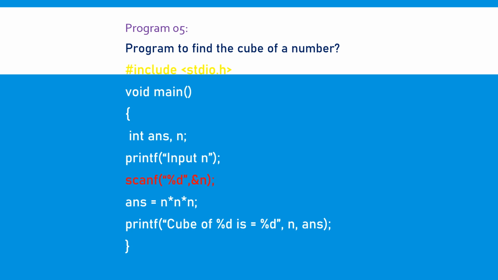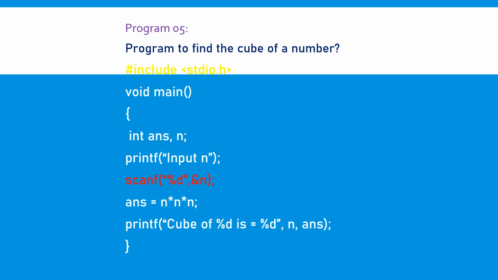Next line, ans = n * n * n. Whatever value the user has given as input will be computed in this line. And finally, we are ready for the answer: printf("cube of %d is %d", n, ans). So we have a better output this time.